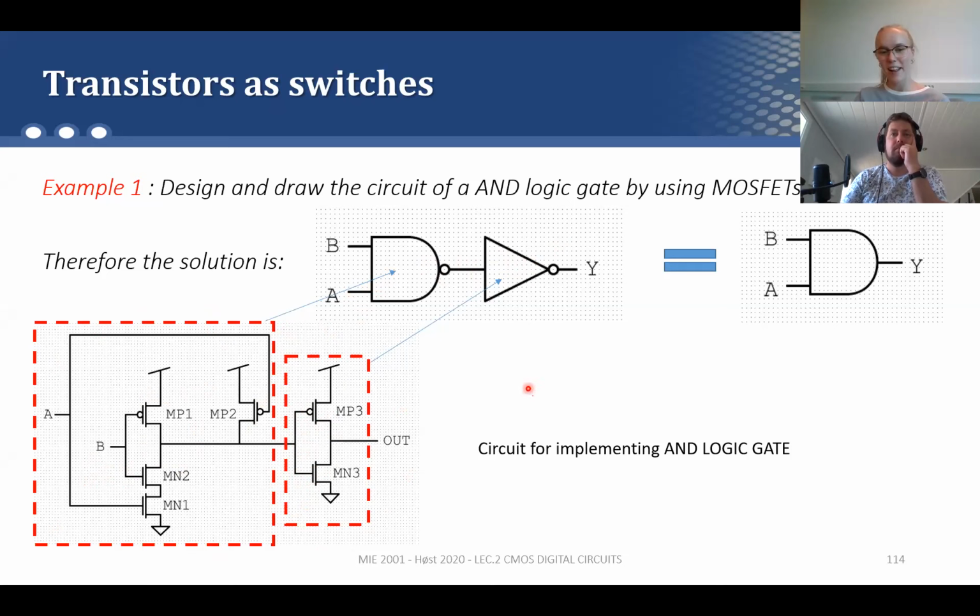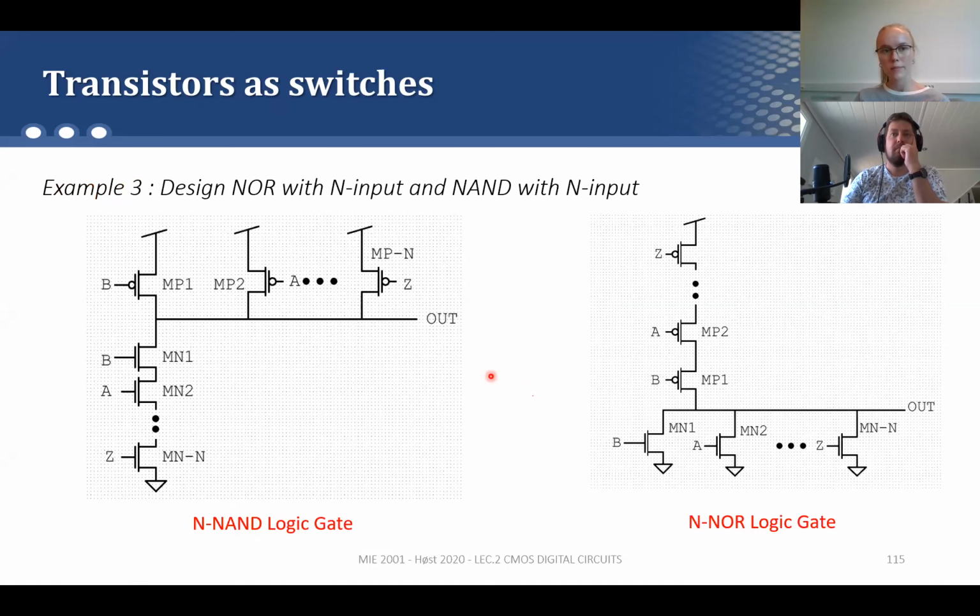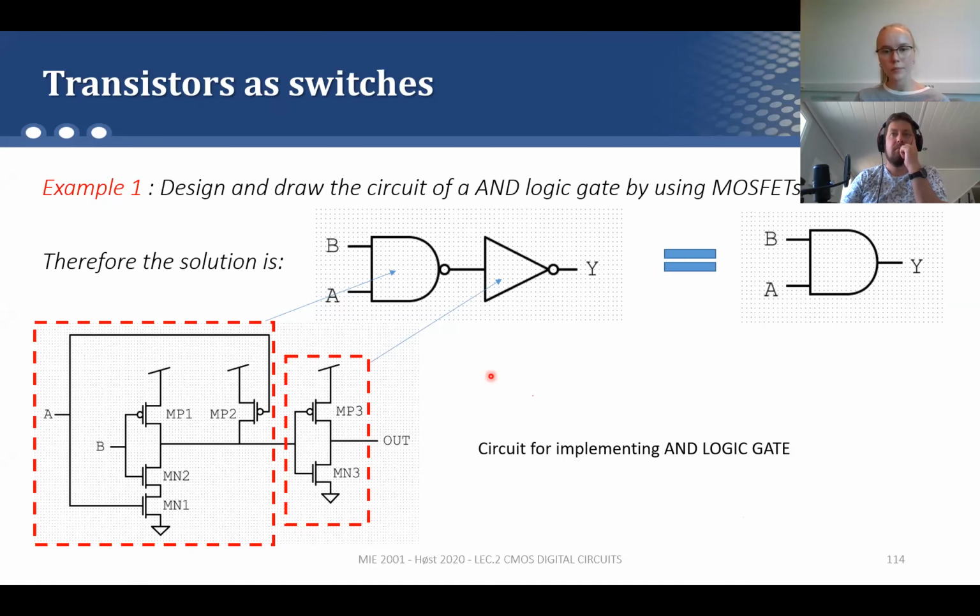I think it's pretty straightforward once you have the logic gate circuit. So this is the method that I want you to use this year for realizing any digital circuit. If you look at the lecture notes of last year, it's much more complicated, because the one I explained last year is the best method you can use.